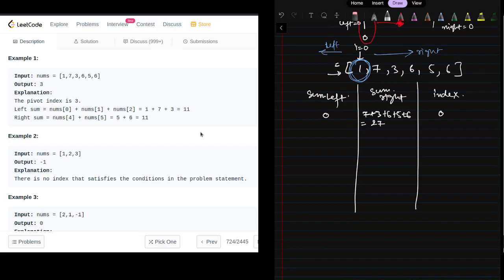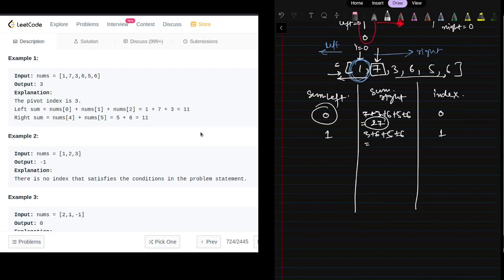Okay, so now we have to move the pointer to the next index, because 27 is not equal to the left sum. At index 1, the left side is 1, and the right side is 3 plus 6 plus 5 plus 6.